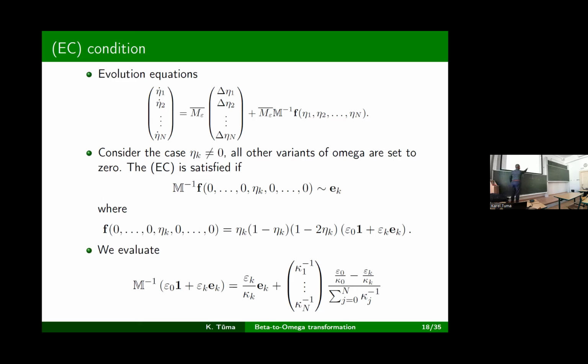So this term has to be proportional to e_k, which is the vector that is 0 on the components different than k and equal to 1 on the component k. And this comes from the algebraic part of the interface free energy, after substituting 0 for all eta's different than k, and we get this relation.